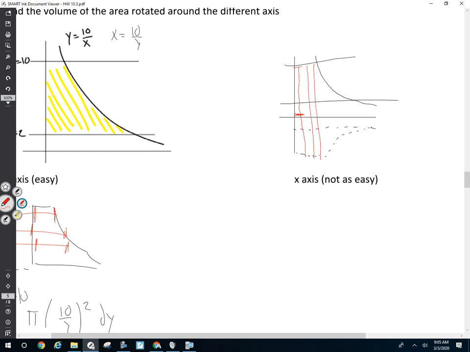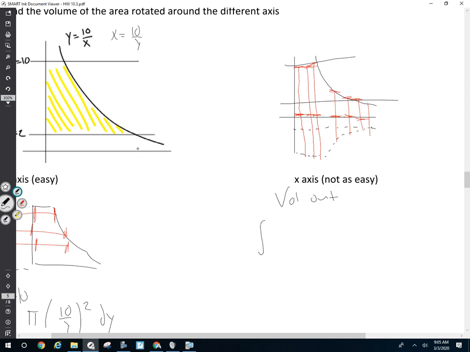I got this top, which goes to y equals 10, but then all of a sudden over here, I have this top, which goes to the 10 over x. So for the outside, I need 2 intervals.